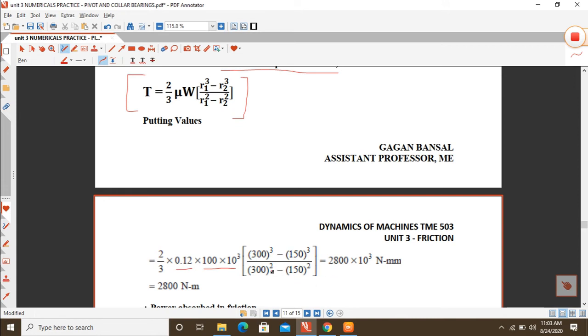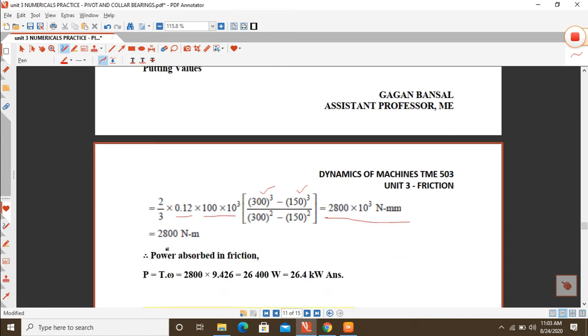Here we have not converted it into meters, so we can directly convert into meters here, or once you get the answer, solving this equation for frictional torque considering uniform pressure, T comes out to be 2800 into 10 raised to the power 3 Newton mm. Converting it into Newton meter, divide it by 1000, it is 2800 Newton meter.